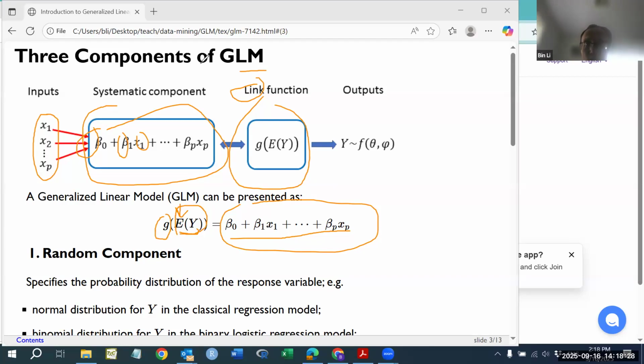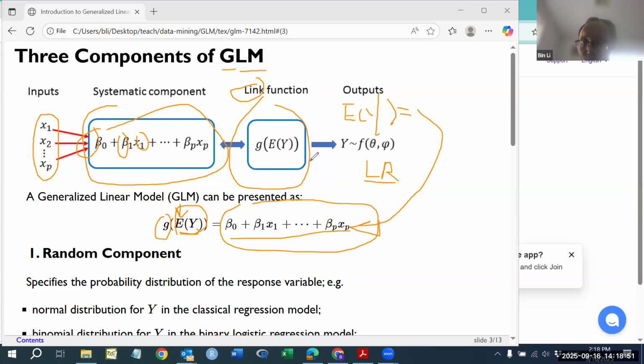That's why it's called generalized, because for the linear regression model, the expected value of y equals this linear part, and that's the linear regression model that we talked about before.